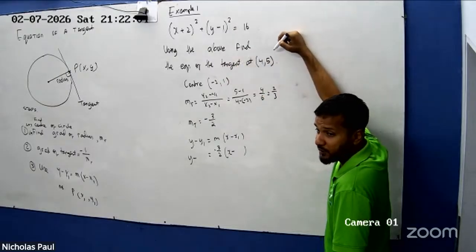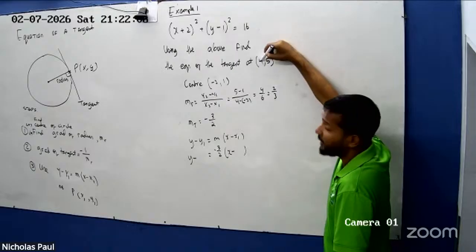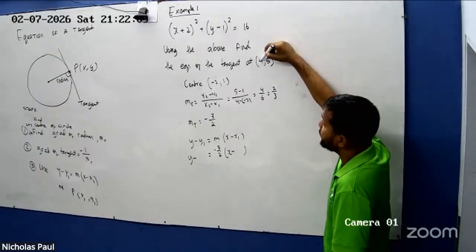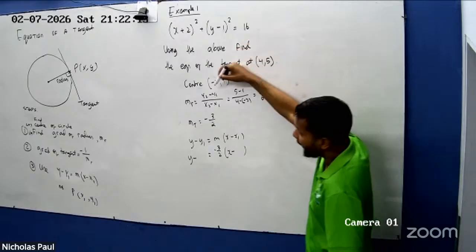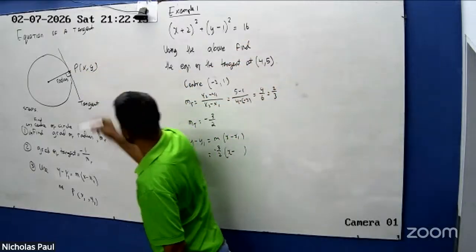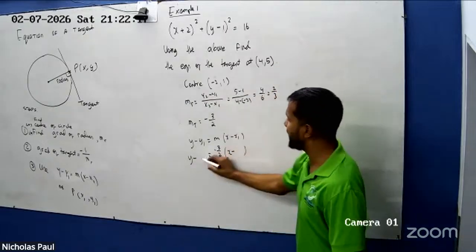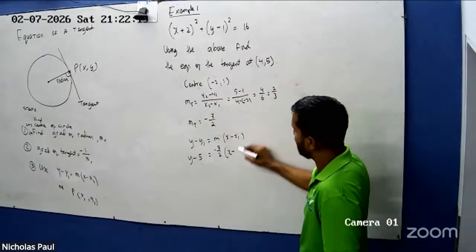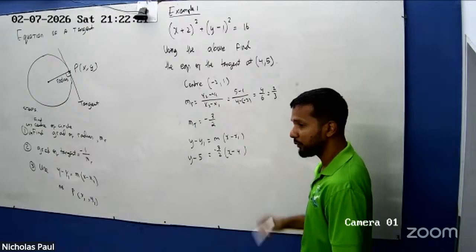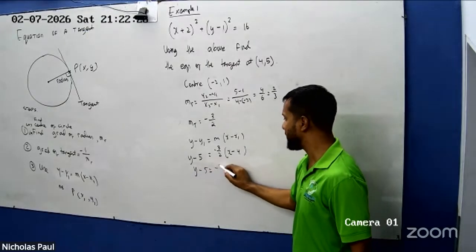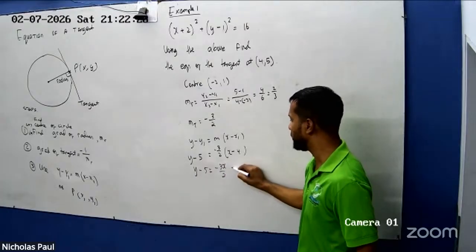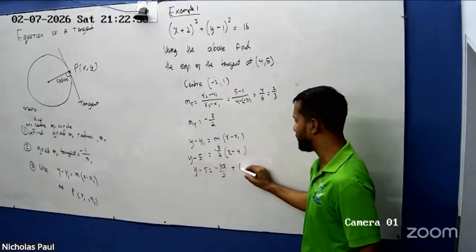We choose (4, 5), the point on the tangent, not the center. So you plug in y1 is 5 and x1 is 4. So y minus 5 is -3x over 2, 2 into 4 is 2... I got plus 6.